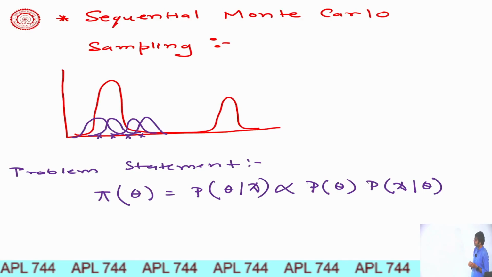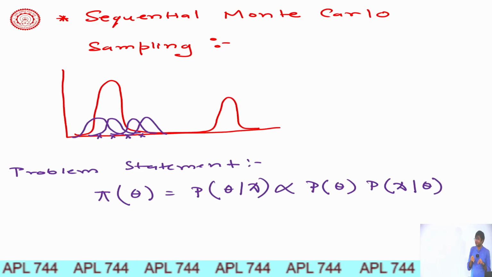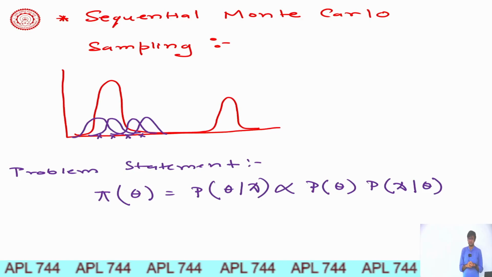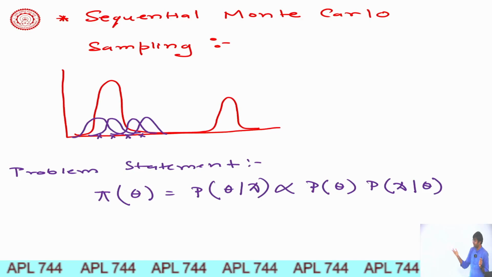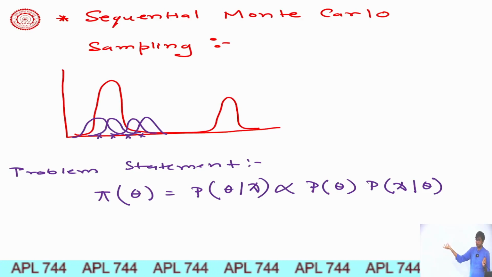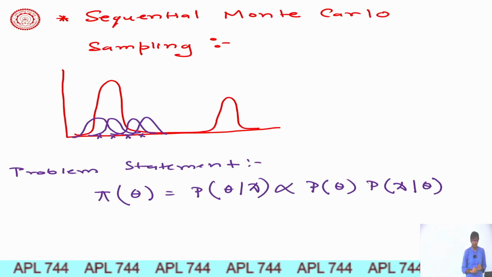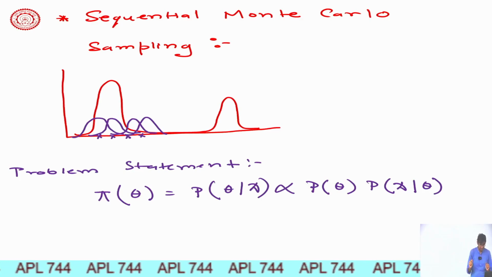So then, can we somehow sample from P of theta and use those samples to represent pi of theta? Understand the problem statement? Obviously, directly you cannot. You can think of importance sampling, you will realize that most of the weights will go to 0 if you try to do that. So it's not easy, but can we? So here is the key idea.